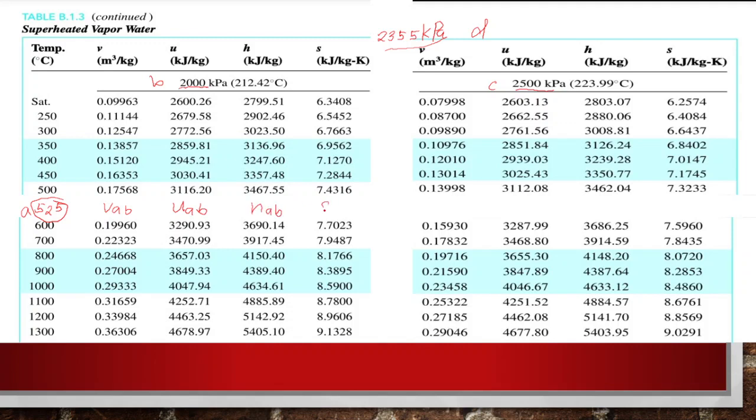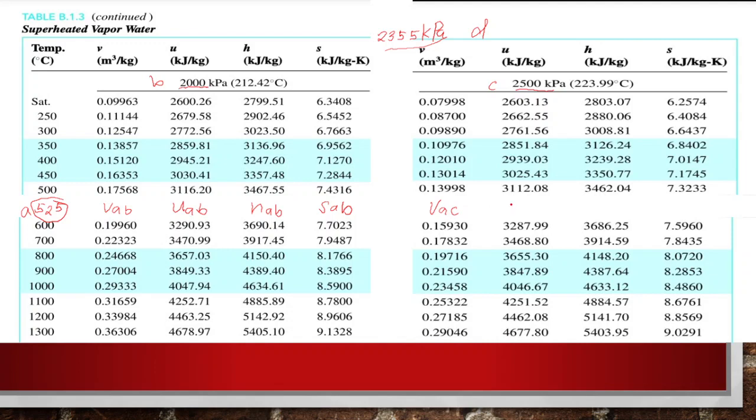UAB, HAB, SAB. Also, for the 2500 kilopascal, or C, you have your specific volume VAC, which means the specific volume at 525 degrees Celsius and at a pressure of 2500 kilopascal.